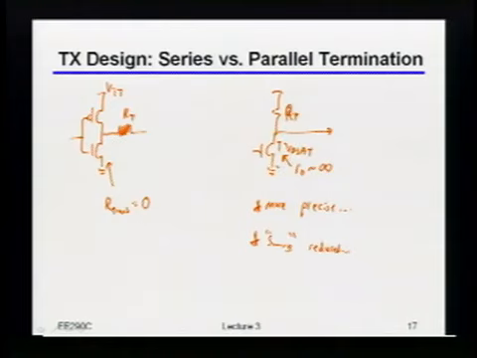As an example, if I looked at what was the lowest supply I could have used in this driver versus that driver, at least ideally speaking, I could have used a lower supply with that voltage mode driver than I could have with the current mode driver, simply because I wouldn't have to support that extra VDSAT for the current mode driver to get it to work.